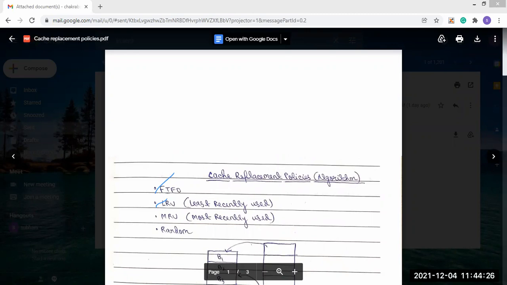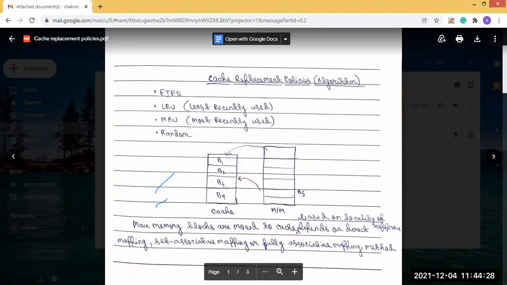So basically, the main memory blocks are moved to the cache. The block present here will move to the cache, and the CPU will generate an address to access that block or the word it wants, which will be present inside this block.